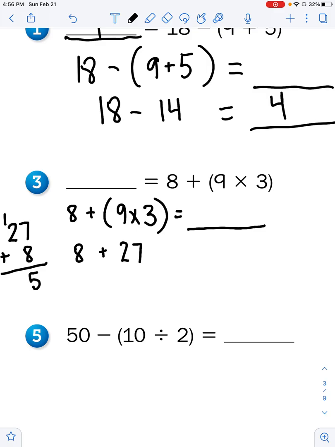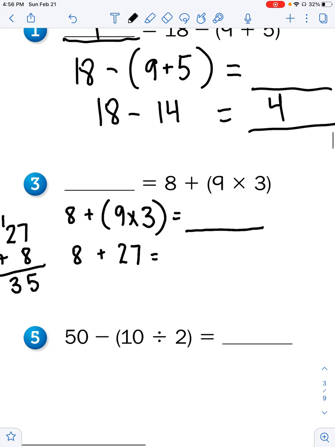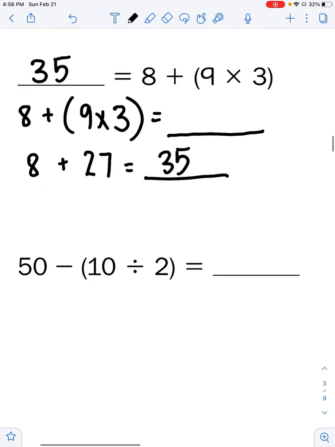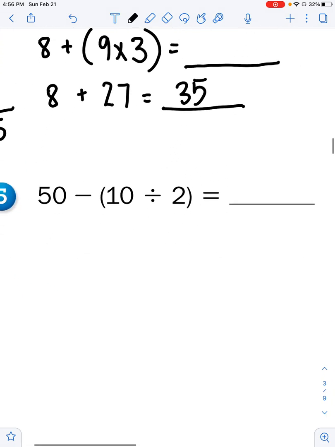So I put my 5 down and my 1 up. And then I can just do the 2 plus 1 is 3. So the answer to 8 plus 27 is 35, which means that the answer to the whole number sentence is 35. Starting to catch on? They're kind of fun after a while if you think about it.